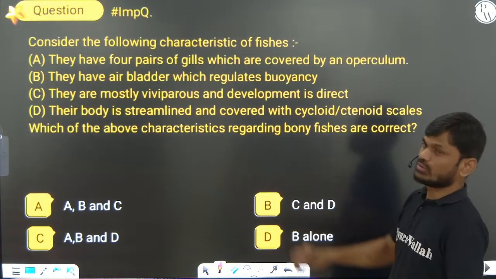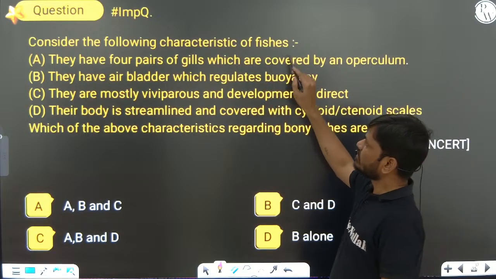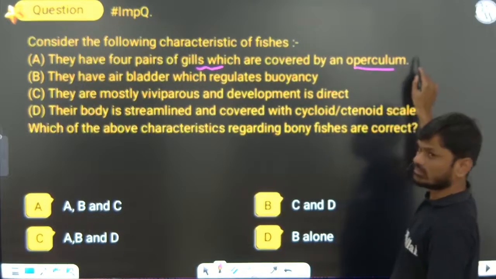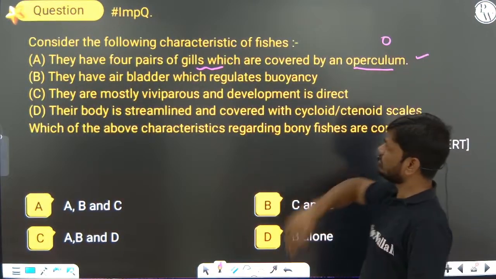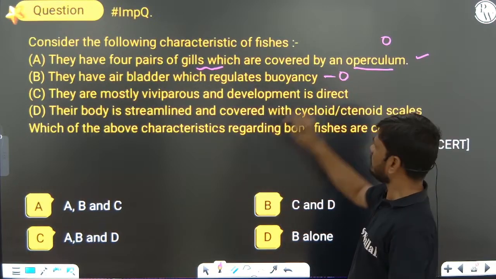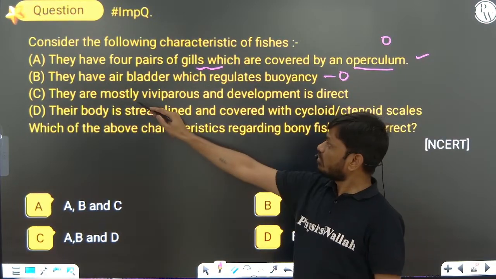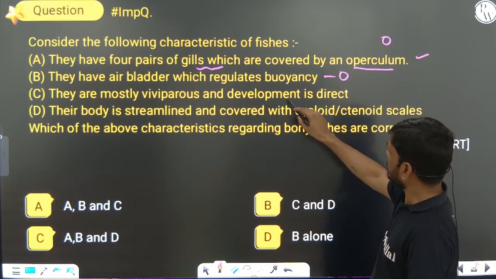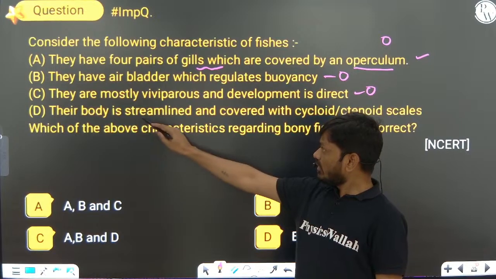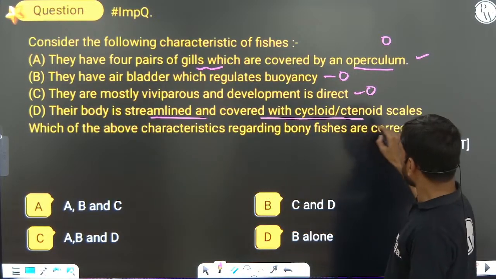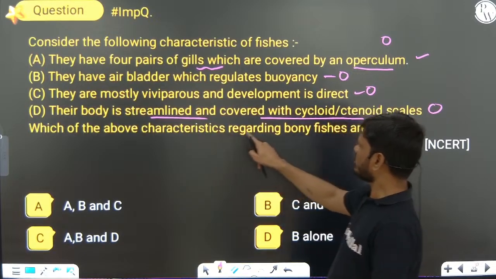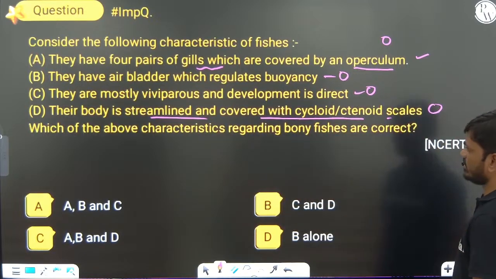Right? Consider the following characteristics of fishes. They have 4 pairs of gills covered by operculum, right? This belongs to Osteichthyes. They have an air bladder which regulates buoyancy, also Osteichthyes. They are mostly viviparous and development is direct. Body is streamlined and covered with cycloid and ctenoid scales, Osteichthyes. Which of the above characteristics regarding bony fishes are correct?